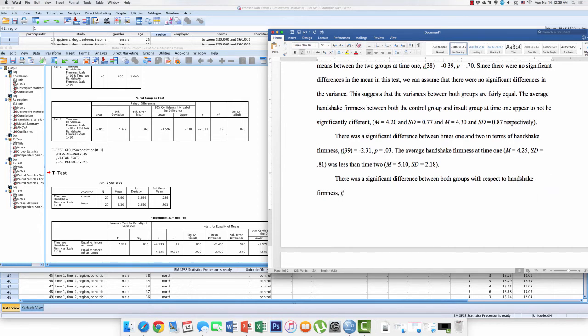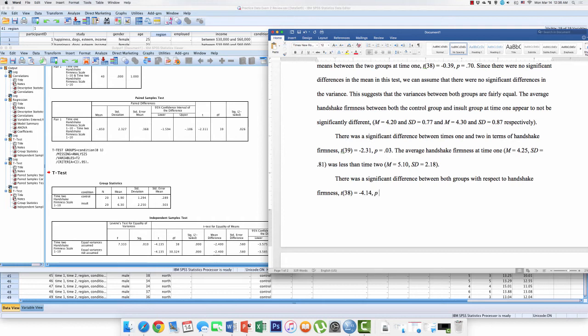And then we're going to report the t-value, the degrees of freedom, which is 38. And remember, we're looking at the equal variances assumed row. Negative 4.14.